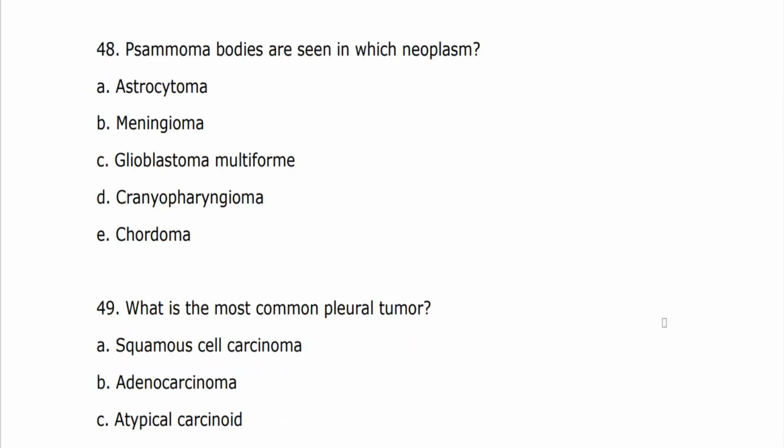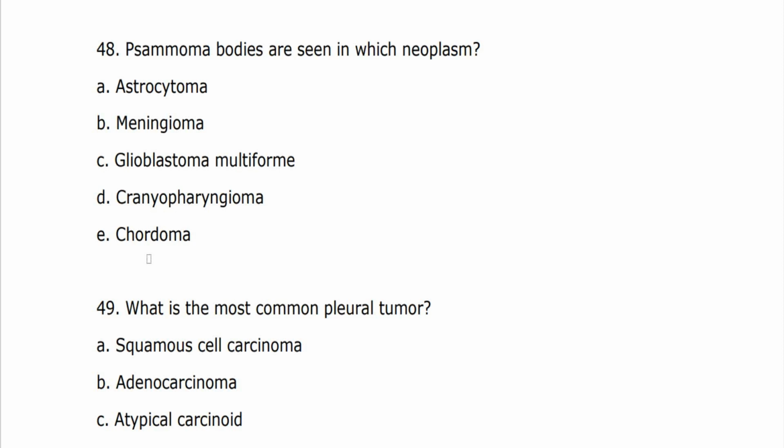Psammoma bodies are seen in which neoplasm? This question, because of a question I've answered already, becomes simple, in the sense that psammoma bodies are actually just dystrophic calcification in tissues. I mentioned that apart from papillary neoplasms, whether papillary thyroid carcinoma, papillary cystadenocarcinoma, papillary mucinous carcinoma, or papillary renal cell carcinoma, you will see psammoma bodies in them.